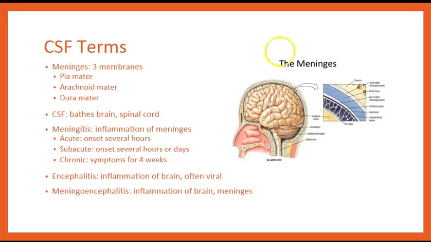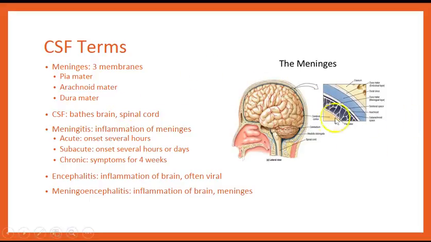Okay, the terms. These are the three membranes, or the meninges. The pia mater, and you can't see those words very well, but this is the pia mater. The arachnoid is right here, and then the dura mater, if you can follow it, is right here, and the subarachnoid space is here, and this is where the spinal fluid is.